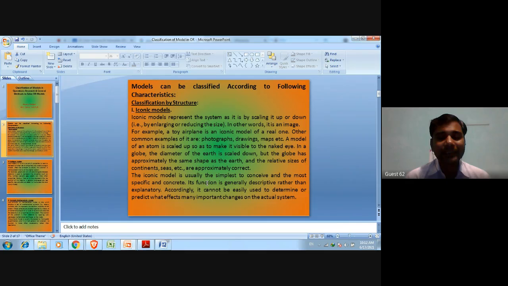Actually, there is a scale in your map by which you can calculate the distance between Kanpur and Ghaziabad. Similarly, the map is exactly the same as your Uttar Pradesh map.